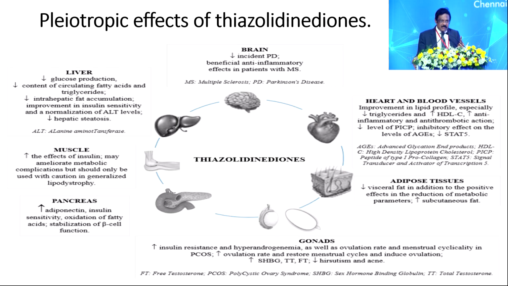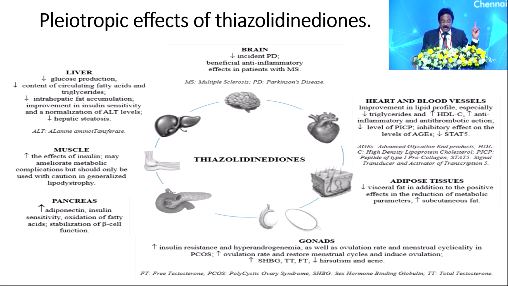The newly formed fat cells absorb the free fatty acids from the circulation, thus reducing free fatty acids in the circulation, and also reducing their deposition in the liver and musculature.